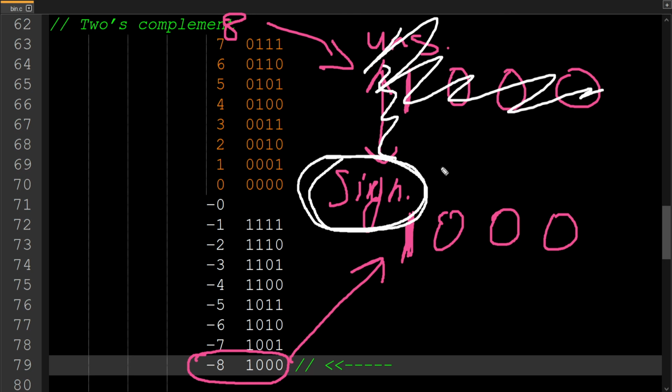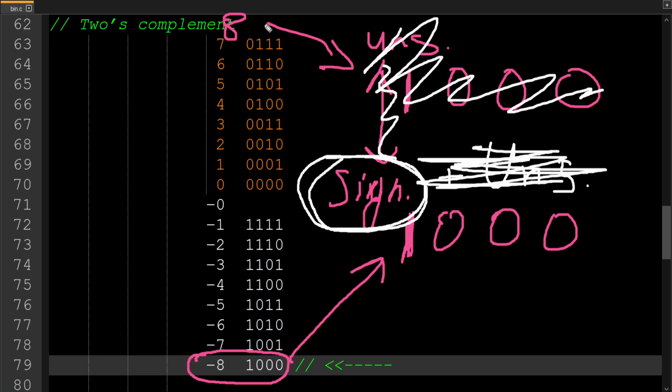You can't take a signed value and add an unsigned one to it. You can do it, but you would get wrong results. But it's just a way for you to see the symmetry we have with this two's complement. It gives us this new property of the number.